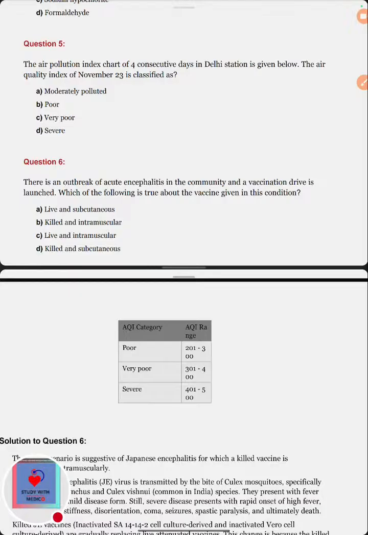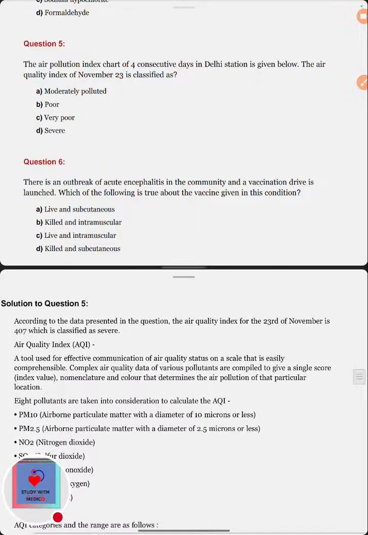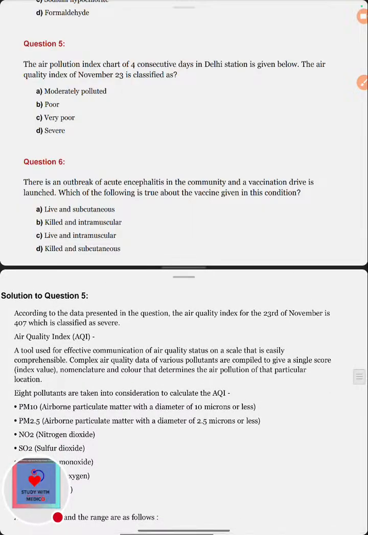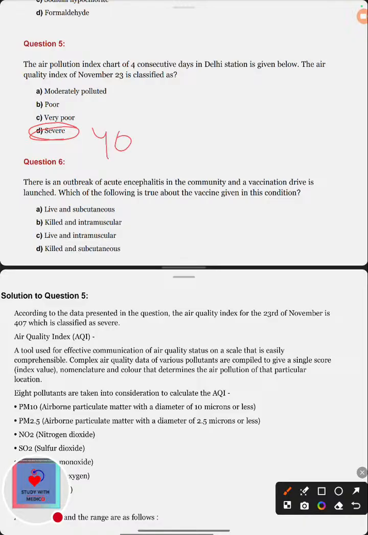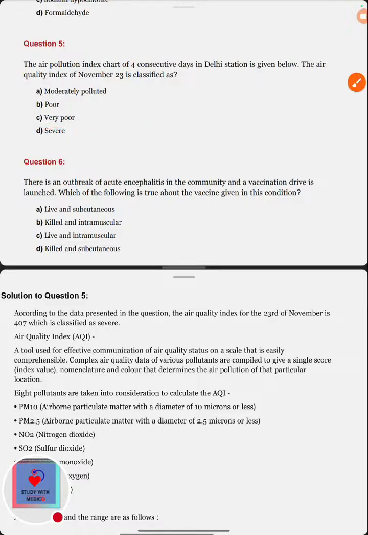If it is between 401 to 500, then it is severe. So since it is 407, it is classified as severe.